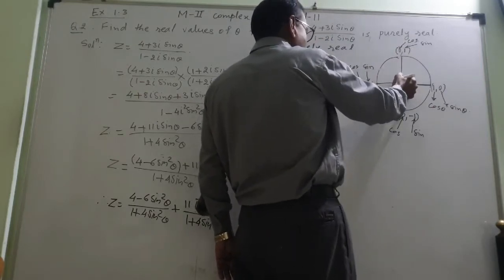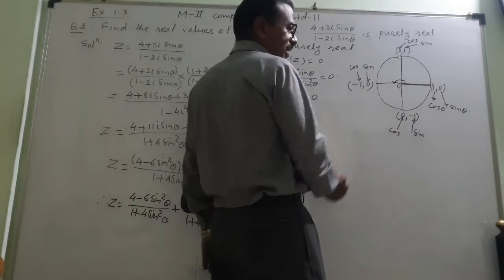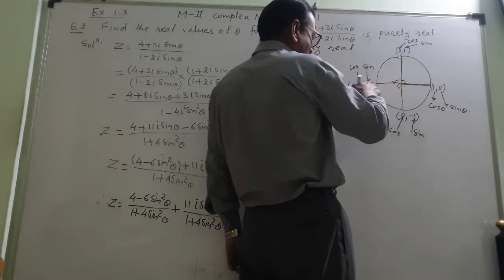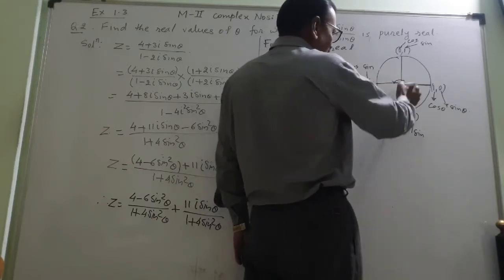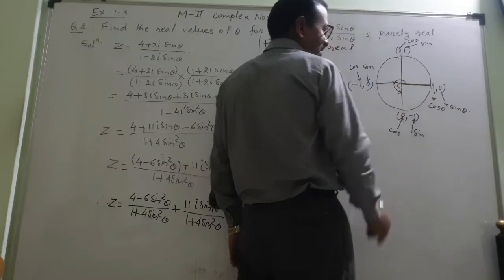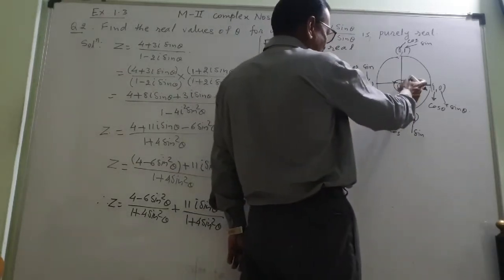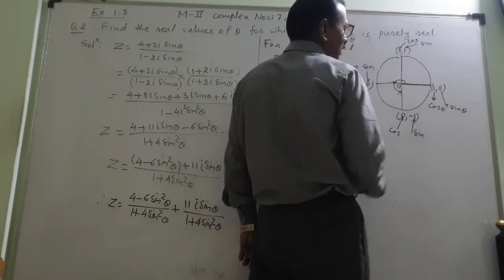Now you come here, it will be 180 degrees, meaning pi radian. Cos of 180 is -1. Sine of 180 is 0. If you come here, it will become 270 degrees. Cos of 270 is 0. Sine of 270 is -1.